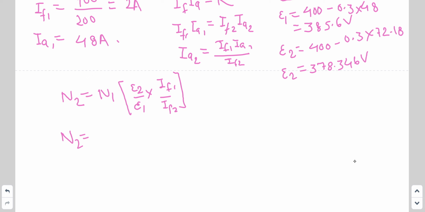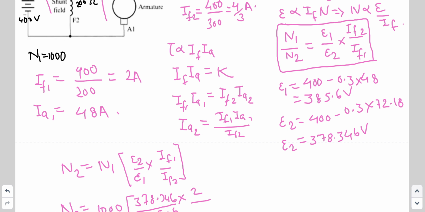N1 was 1000 rpm, E2 is 378.346, E1 is 385.6, IF1 was 2 ampere and IF2 is 4/3 ampere.